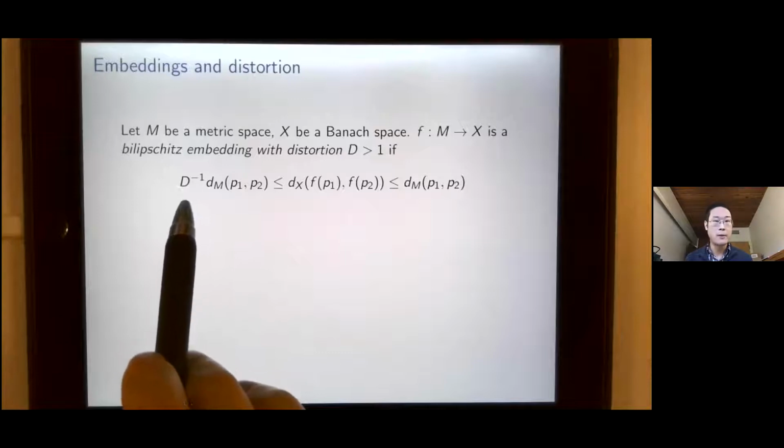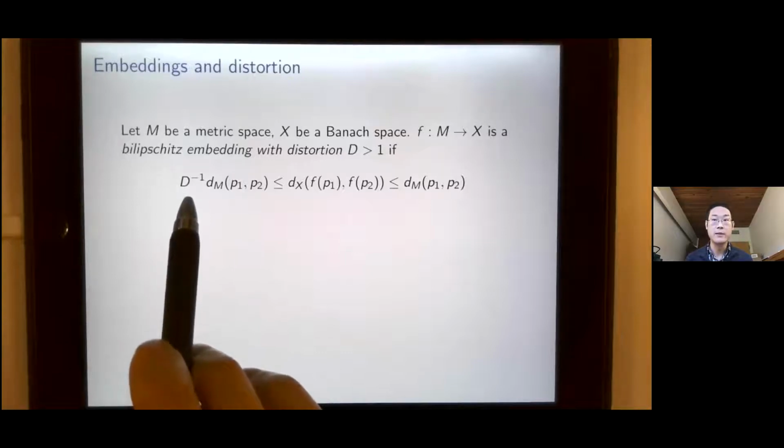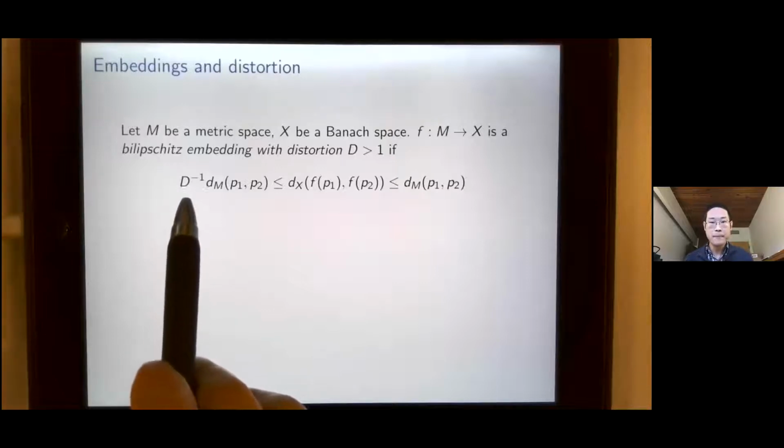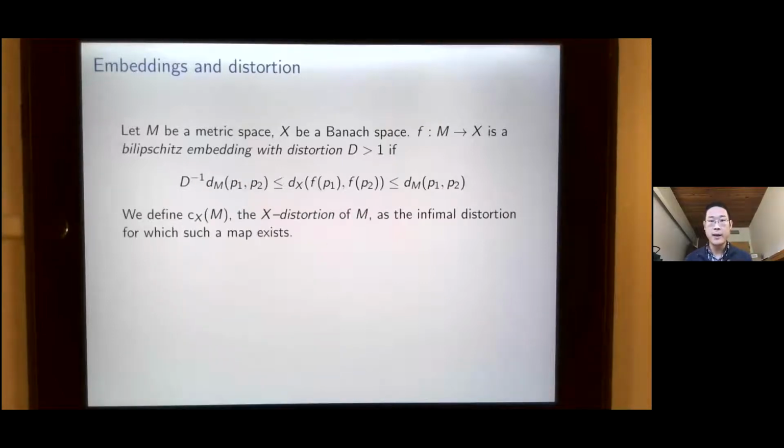It decreases distances by at most a factor of D. In that case, we call it a bilipschitz embedding with distortion D, and we define the X distortion of M as the infimum distortion for which such a map exists. Is this okay so far?